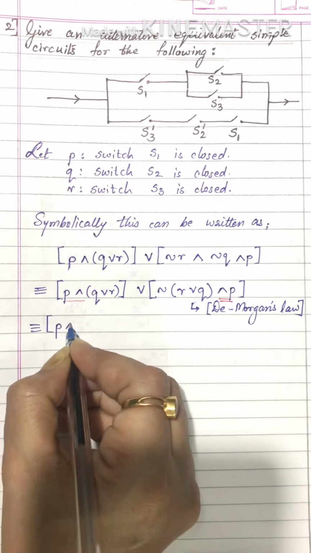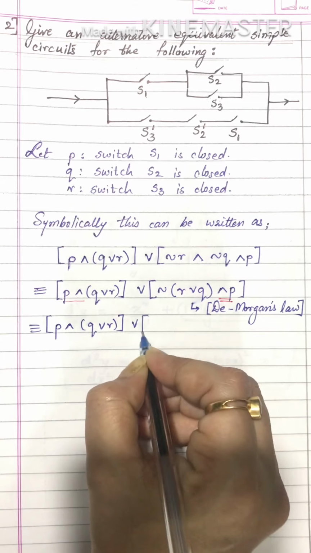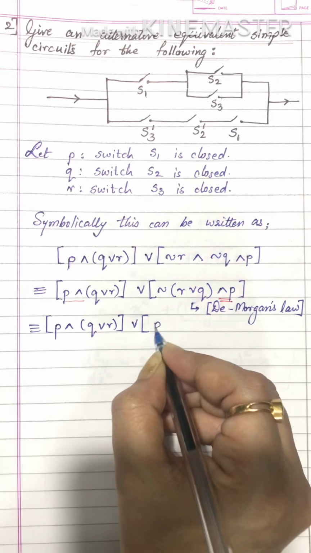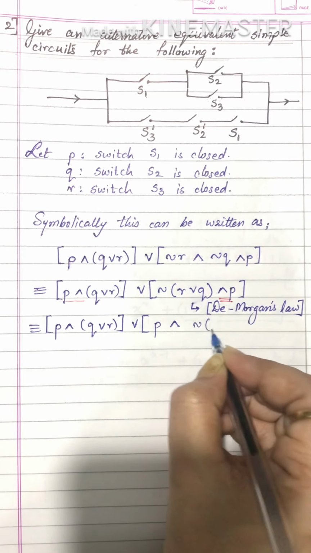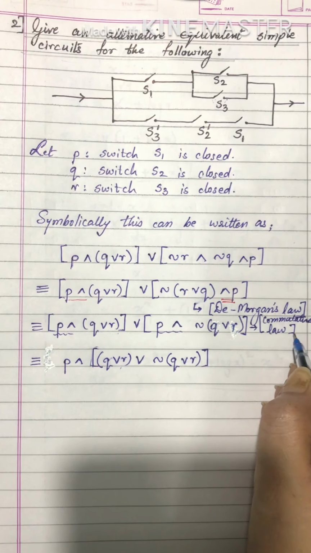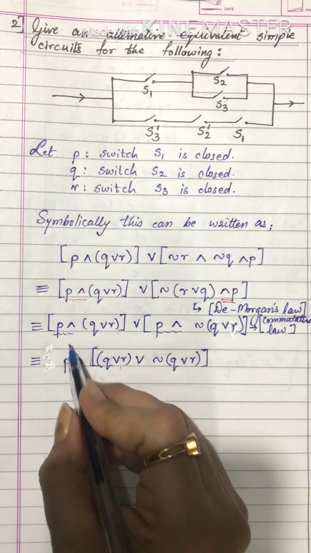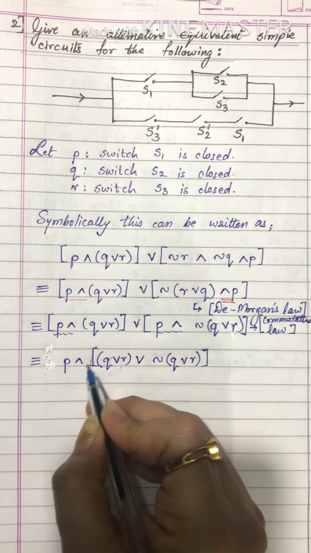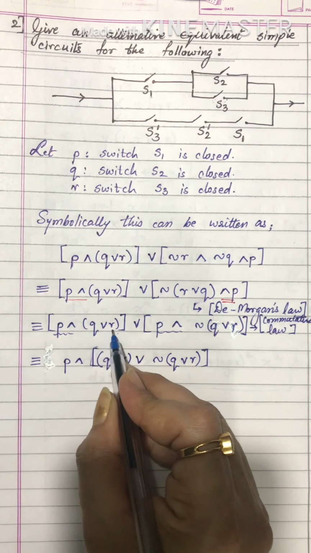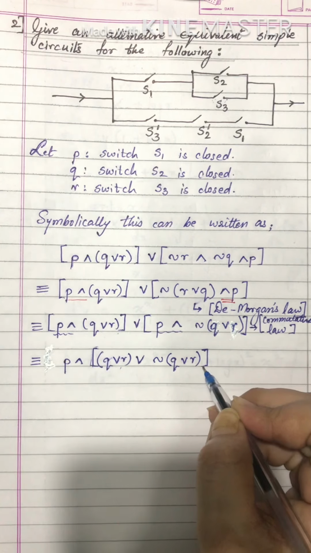So that it is easily understandable, instead of doing this directly, I will write here P and negation Q or R, which is the commutative law. Now next, from both the brackets we take P common, and then inside the bracket we get Q or R or negation Q or R.